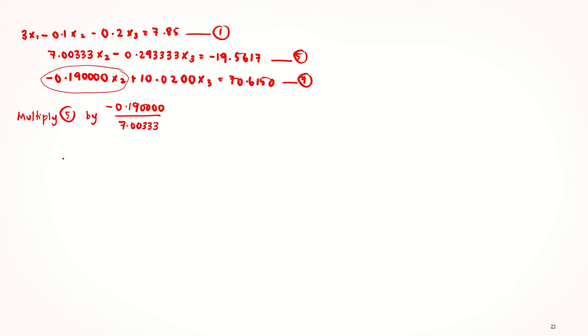So first we're going to get 0.190000 x2 plus 0.007958 x3, and we represent this as equation 8.